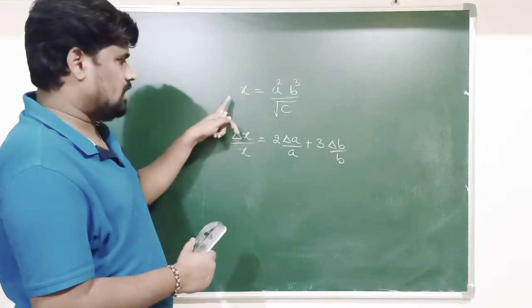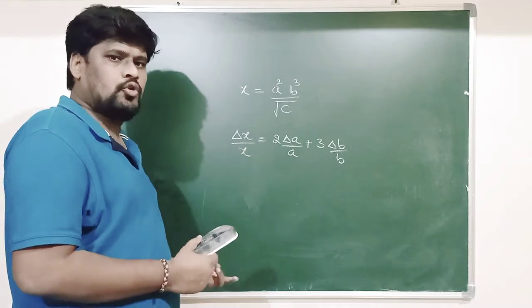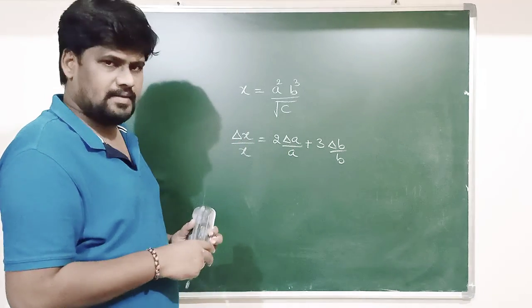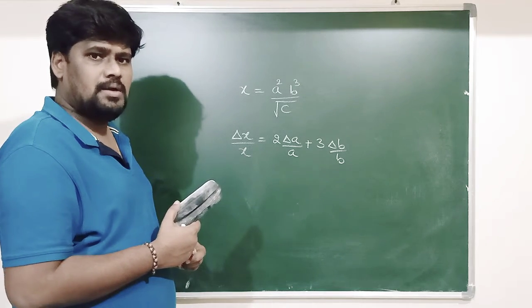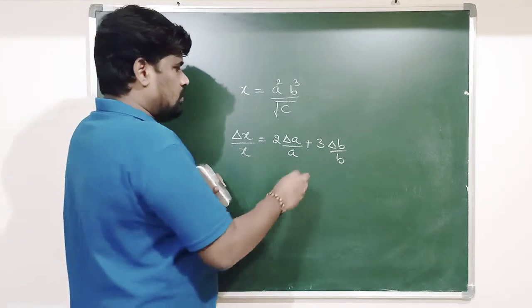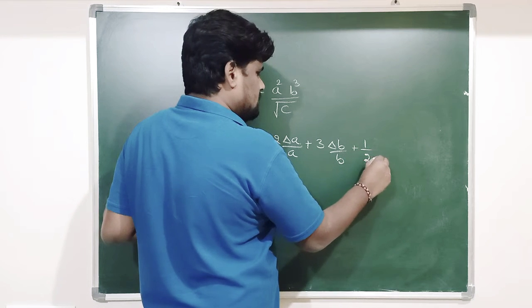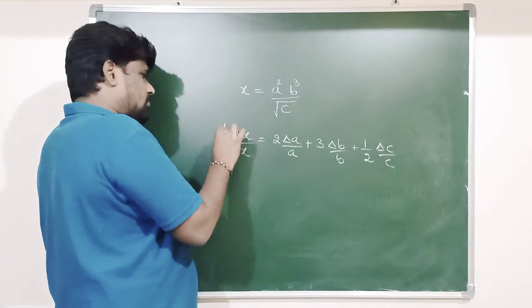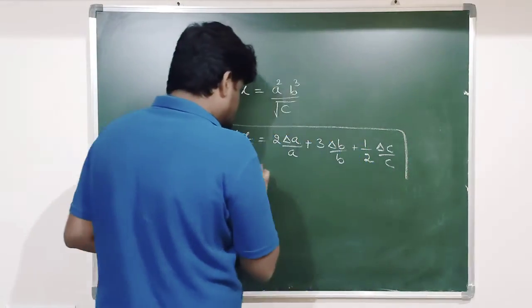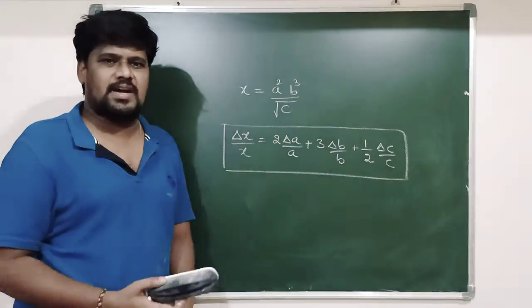No matter whether the quantity is in the denominator or numerator, we are going to add the error. So root c can be written as c to the power 1 by 2. Therefore, the error in c is given by 1 by 2 times delta c by c. So this is the formula which is used to estimate error in the measurement of a physical quantity called x here.